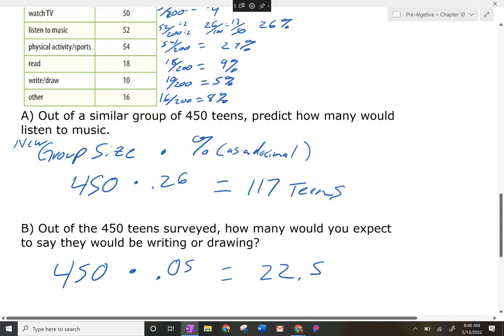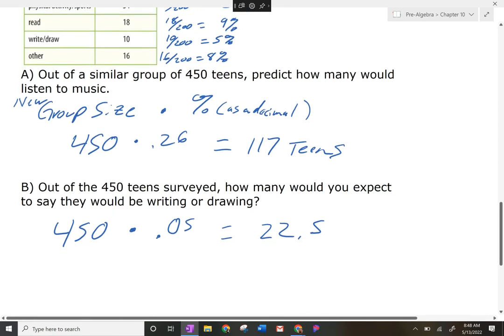Okay? I got some good news for all of you. Great news for society. We don't have half people. It'd be like a person chopped in half would be real weird. So I can't have half a person. So looking at these ones, I'm still going to round to make sure. Because again, we want to figure out how many teens would actually be writing or drawing.